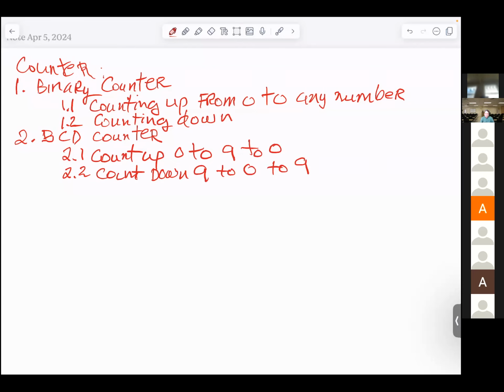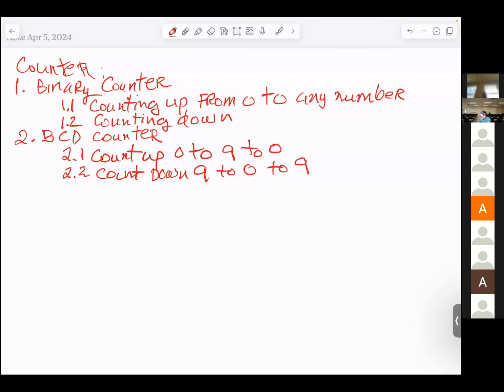Basically, you have to know if you want to count up or you want to count down. Two ways you can get the output: if you get the input applied to the counter, and you can use PSPICE simulation.